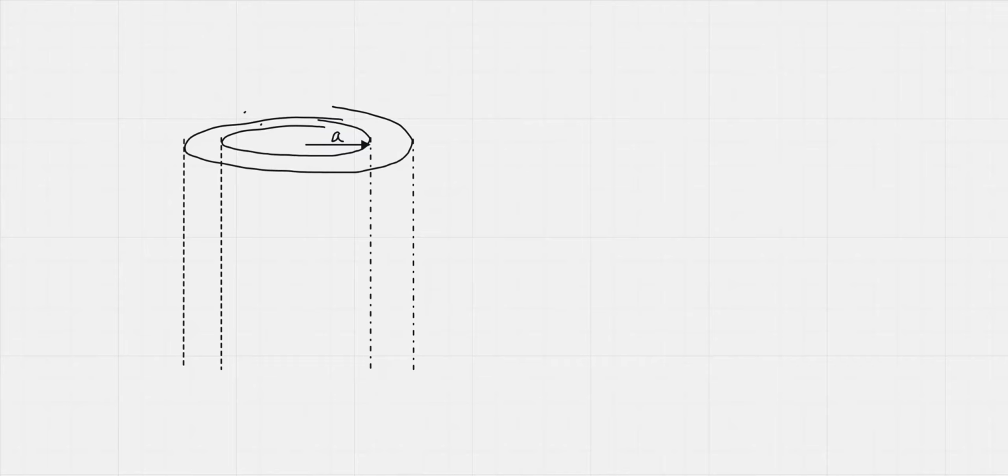So basically, this kind of circle is there. Now what happens is there are two cases.